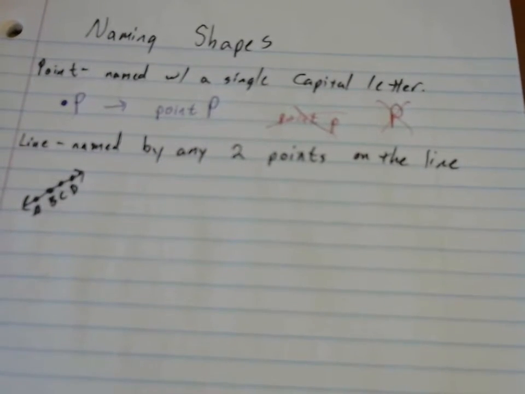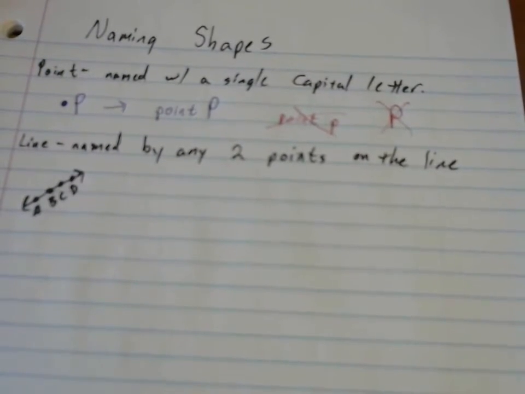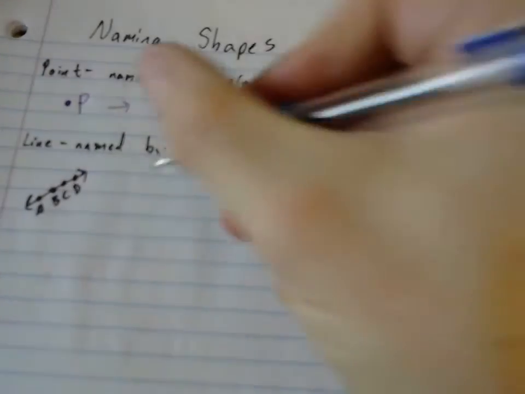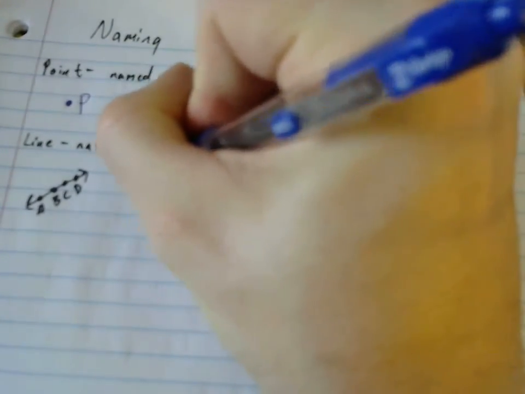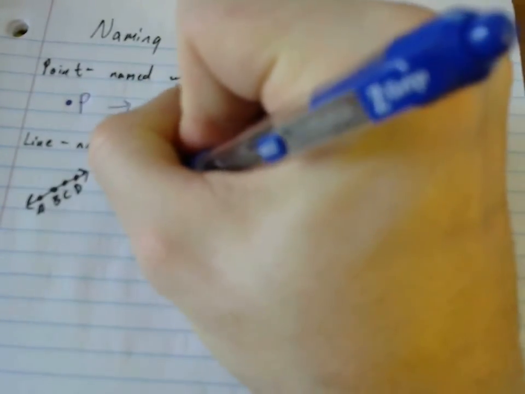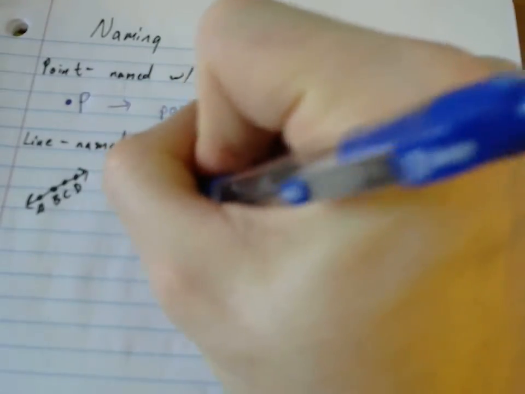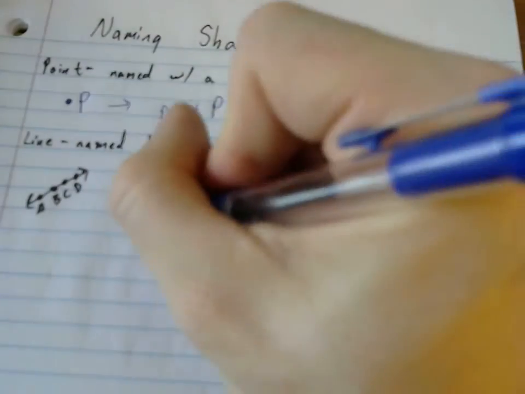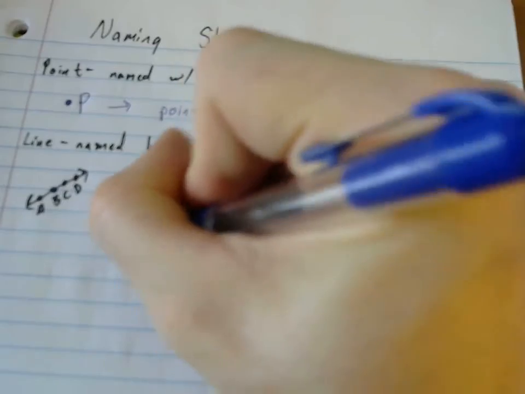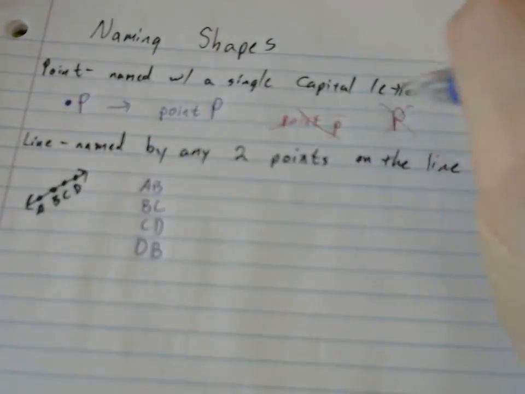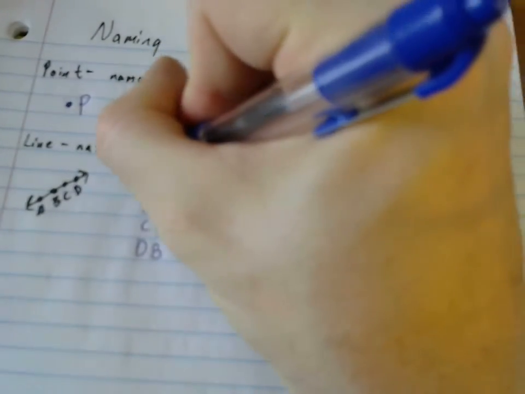So you see I have point A, point B, point C, point D. All 4 of those points are on the line. I can use any 2 of those points to name it. So I could say AB, I could say BC, I could say CD. I could even change the order, maybe go with DB. Any of those.